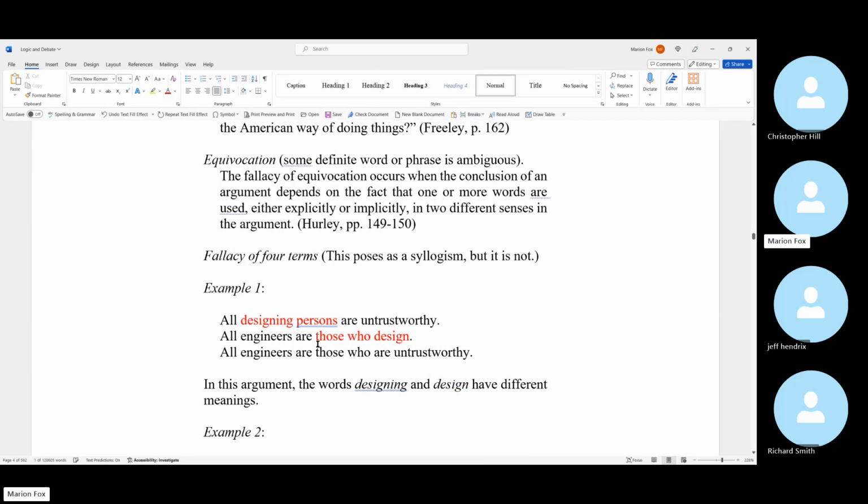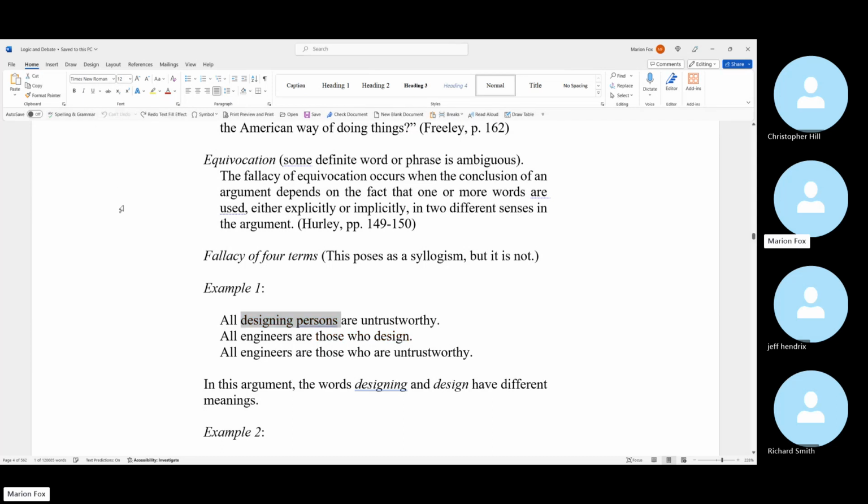But designing persons and those who design don't mean the same thing. That's where you have four terms. The two red ones count as two terms, untrustworthy is another term, and engineers is the fourth term. You have four terms because the two red ones don't mean the same thing. That's the fallacy of four terms. It poses as a syllogism, but it's not, and it's a form of equivocation. Any questions? And you have to be careful.